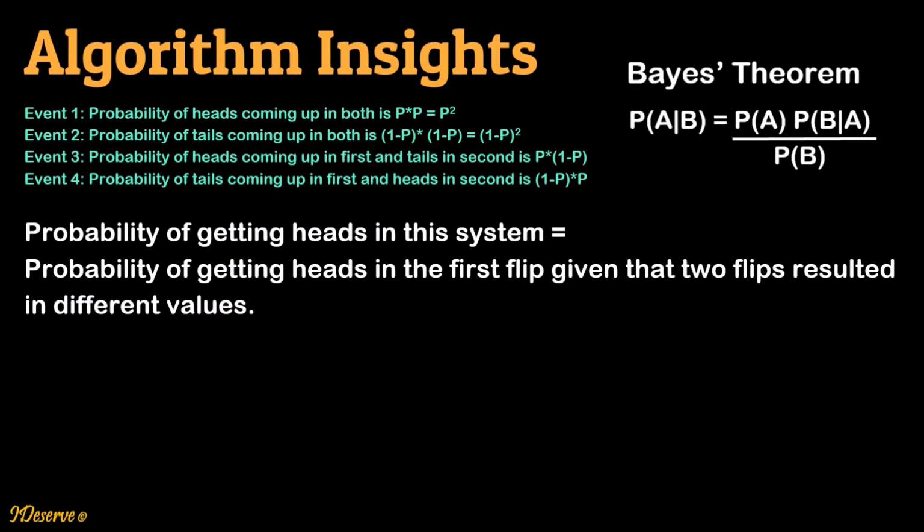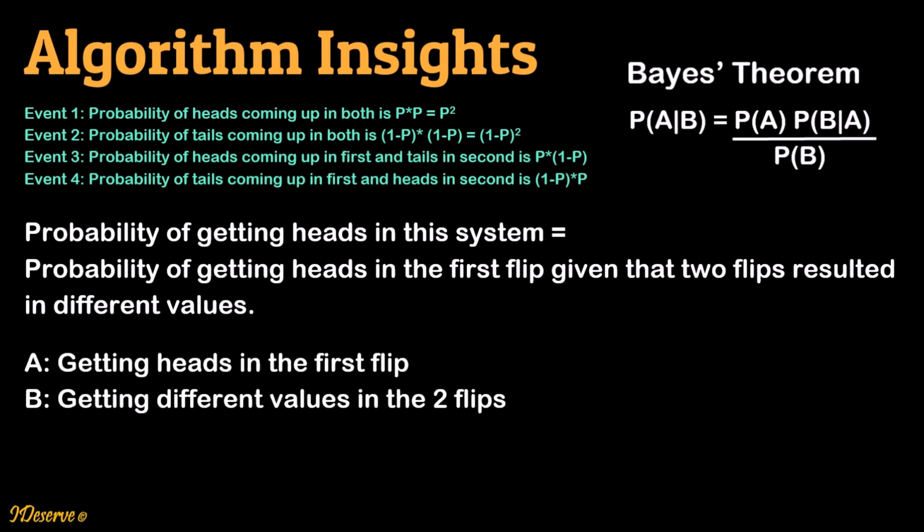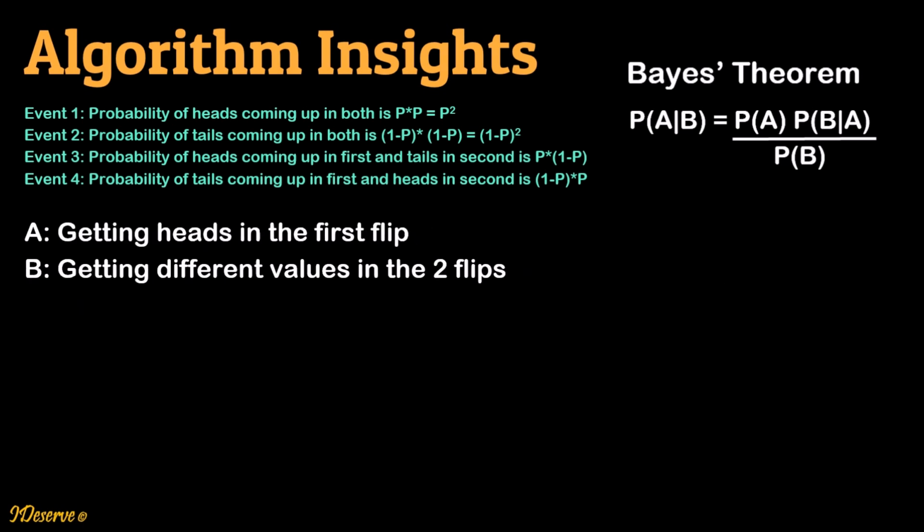Again, as we have seen previously, probability of getting heads in this system is probability of getting heads in the first flip given that 2 flips resulted in different values. So here event A is getting heads in the first flip and event B is getting different values in the 2 flips.